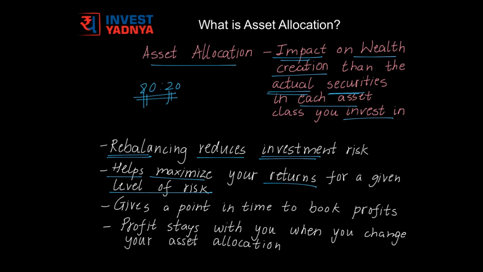Again, referring to the example that we just discussed, rebalancing gives you a point in time where you should book your profits, which otherwise always remains like a big dilemma as to when you should actually book your profits. All the more, the profits stay with you when you change your asset allocation. For example, when your goal comes within 3 years, you might change your entire asset allocation to 100% debt.